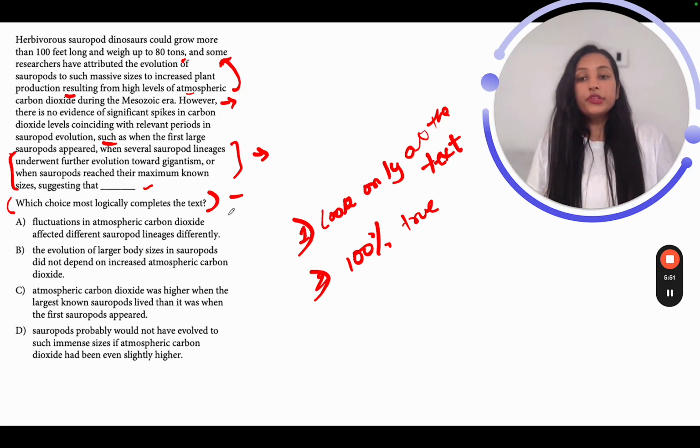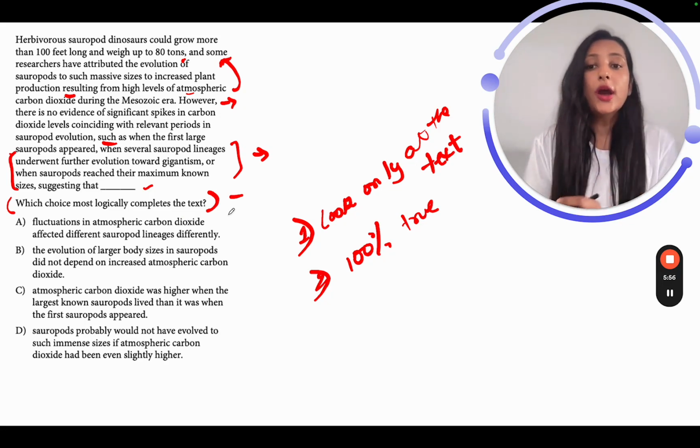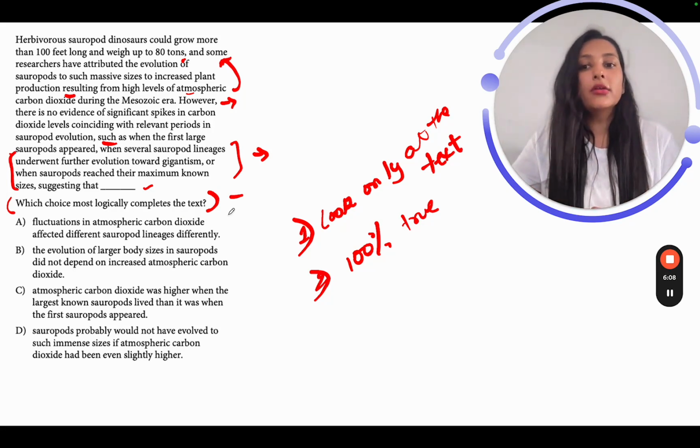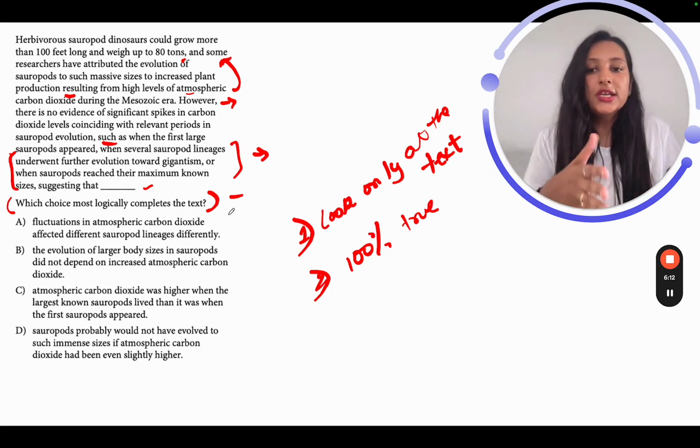But that's not the problem. The problem is that carbon dioxide levels were not high during the relevant periods. Even if it affected different lineages differently, carbon dioxide definitely plays some role in their evolution, right? There has to be a high carbon dioxide level time as well, which finally helped these dinosaurs evolve so much.